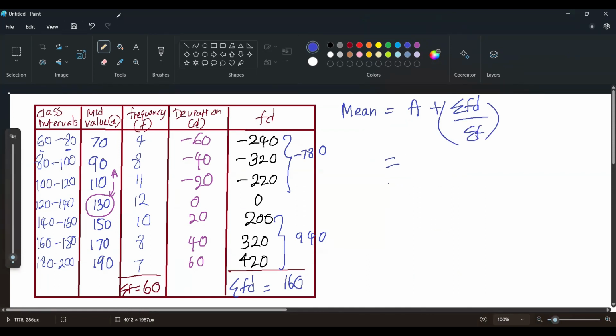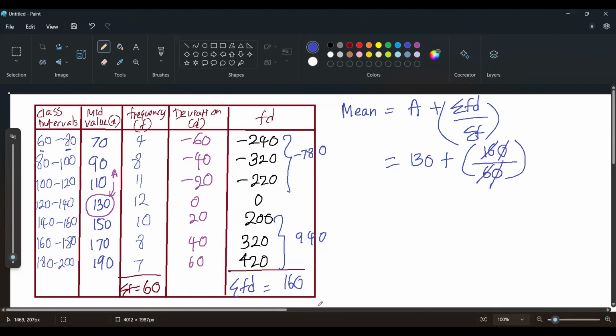Okay. Now take the assumed mean, 130, plus what is the sigma FD there? Sigma FD you found, that one is 160. It should be plus, no? Divided by 60. 6 and 6 can be cancelled.